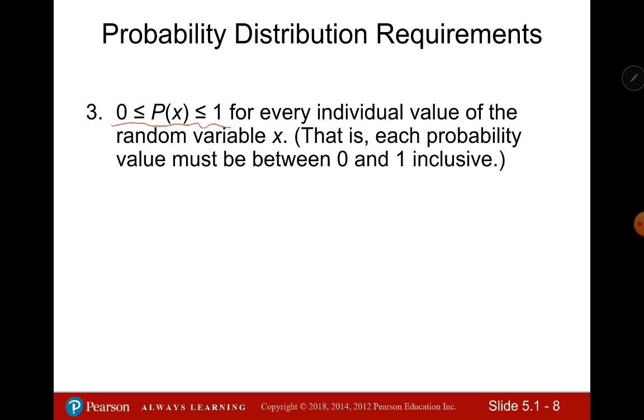So if we want to determine whether a table or a formula is a probability distribution or not, we need to use these three requirements to test if all of them are satisfied. If each of these three requirements is satisfied, then we conclude that it is a probability distribution.